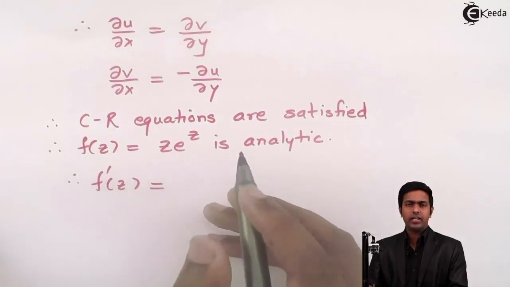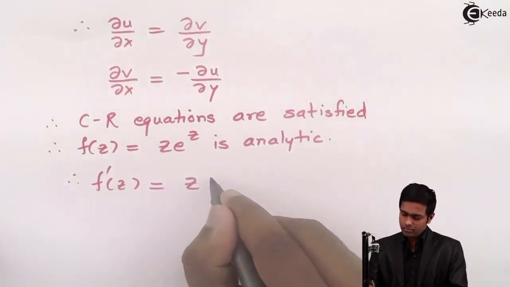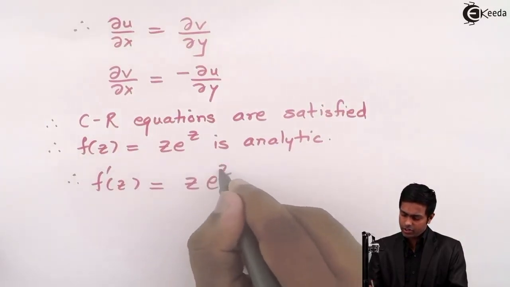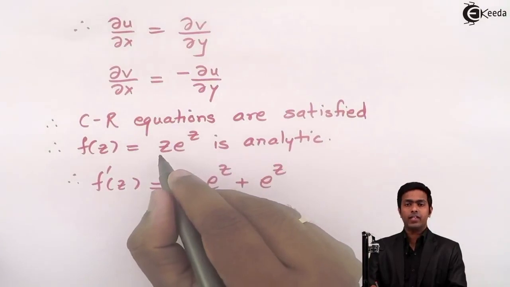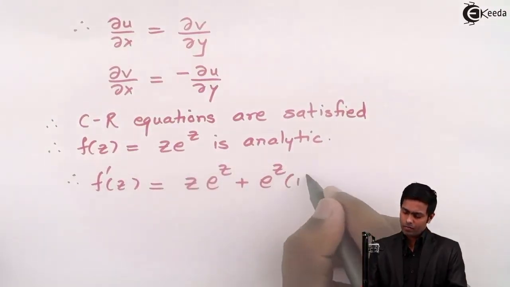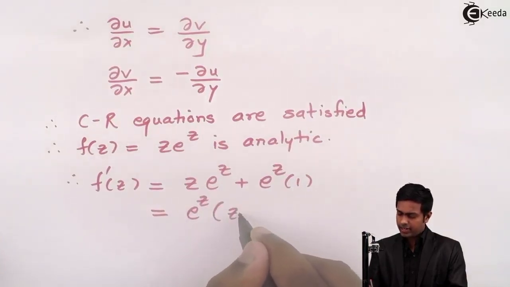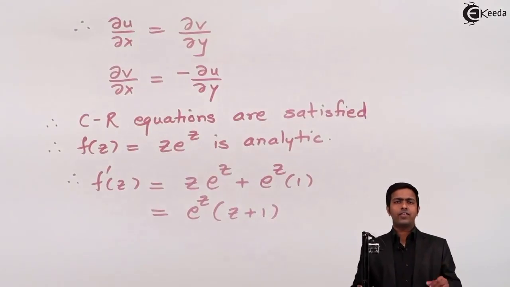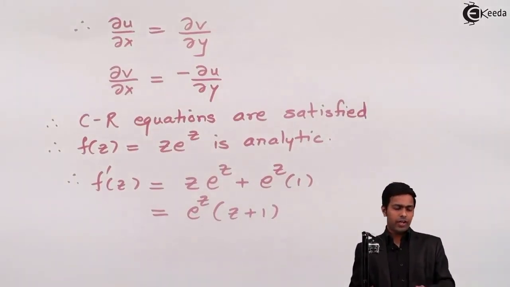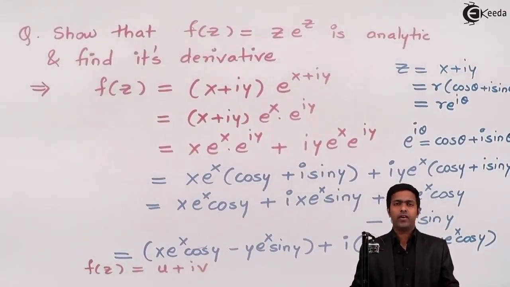By differentiating it using the UV rule, z as it is, the derivative of e raised to z is e raised to z, plus e raised to z as it is, and the derivative of z is 1. So here I can take e raised to z outside, in bracket z plus 1, and guys, this is nothing but the derivative of that analytic function. So here we got the given function as analytic and we got the derivative of the function.